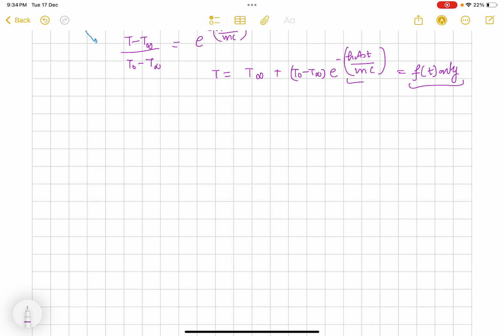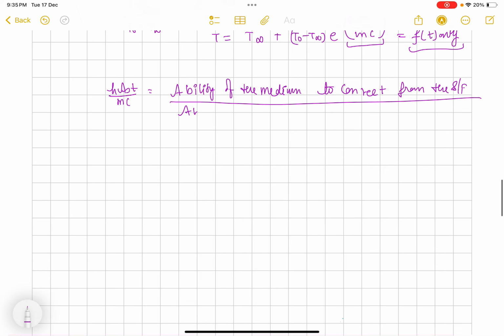And if we look closely, this ratio here, hAs t divided by mc, the denominator is nothing but the ability of the medium to store thermal energy, and the numerator is denoting the convection from the surface of the body. All right.